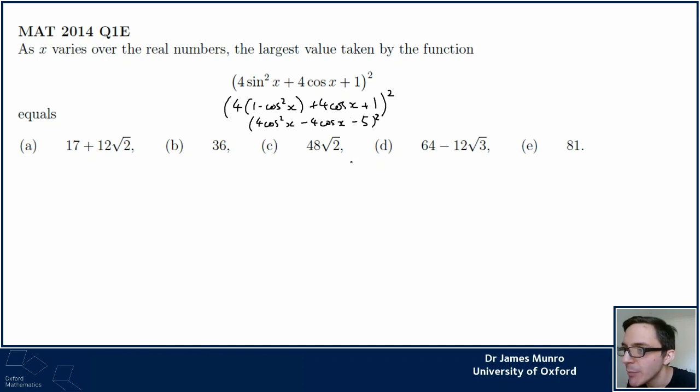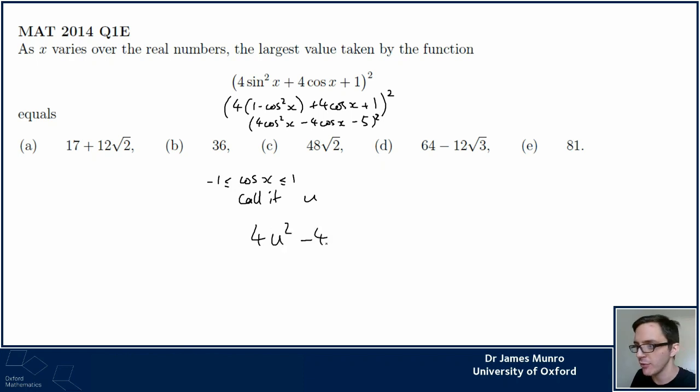Okay, so what am I going to do? A way to make progress with this that I've seen before in similar questions is to think of cos x as being the variable here. Cos x, what do I know about that? Well, it's somewhere between -1 and 1. So what have I got? If I call it u or something, then I've got this, and I'd like to make this as large as possible.